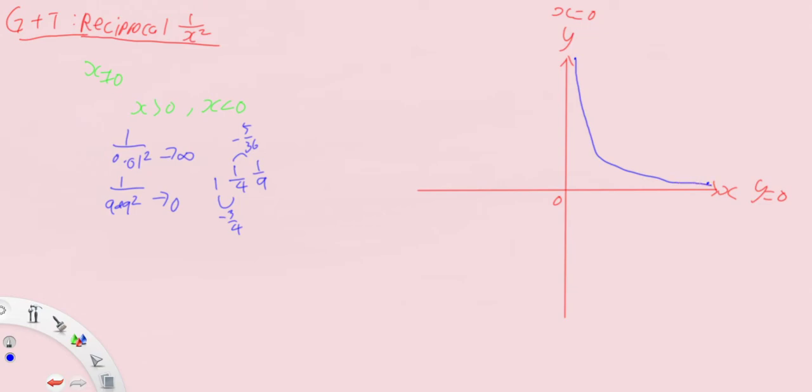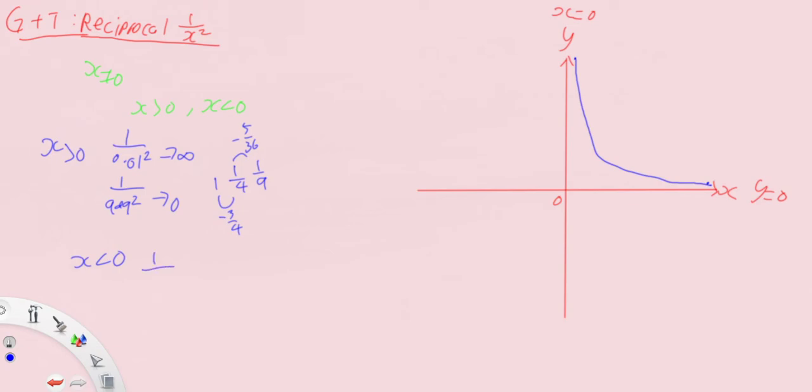Now we consider the x less than 0 values. We had x bigger than 0, so now we have x less than 0. Because you have x squared, any negative number, when you square it, gives a positive number again. So in fact, it's the same shape as the graph for positive x, just reflected about the y-axis.